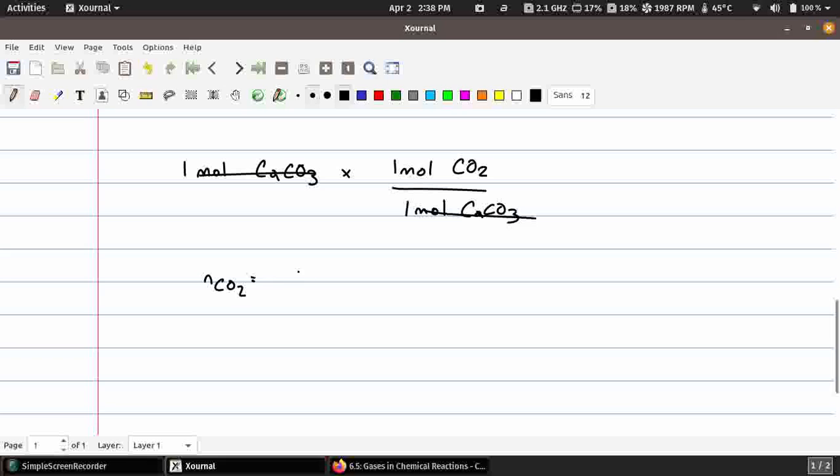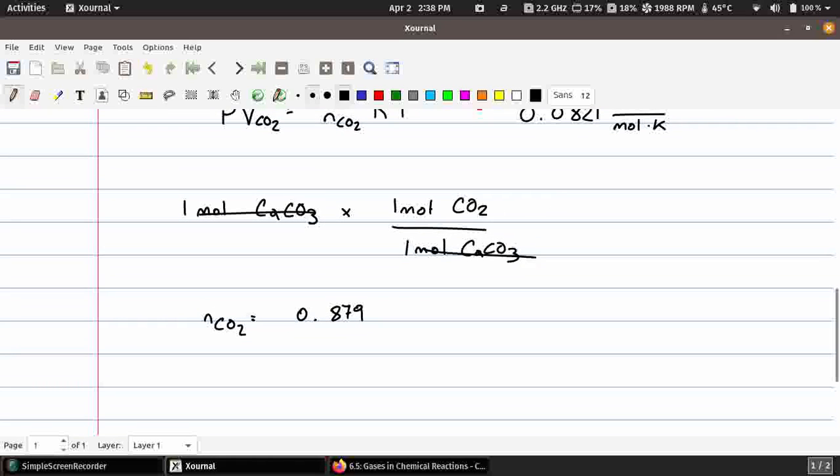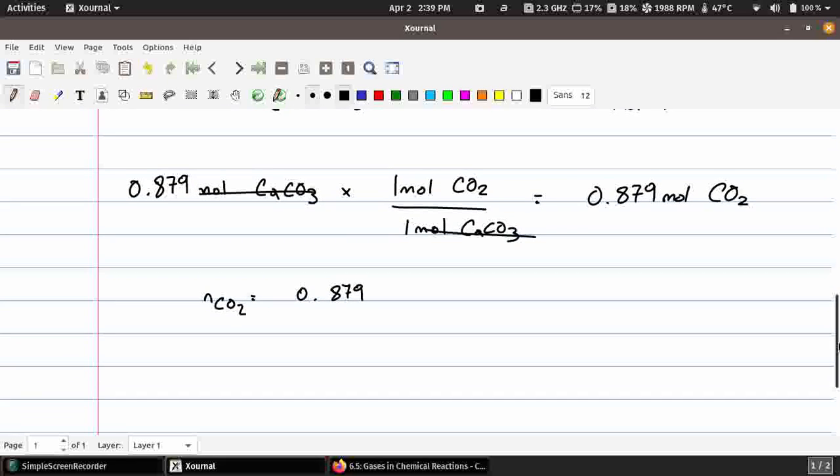you can just plug in the number for nCO2 equals 0.879. So if you want me to do that, really just plug 0.879 over here. And then you're going to be left with, sorry, I should have done that in the first place, but I kind of thought it was obvious.